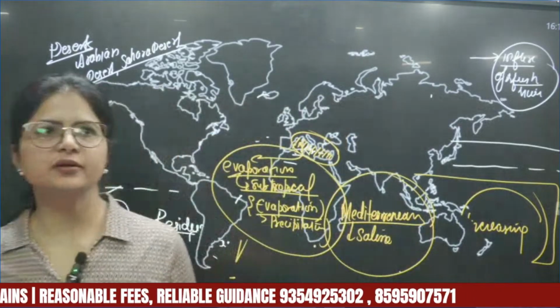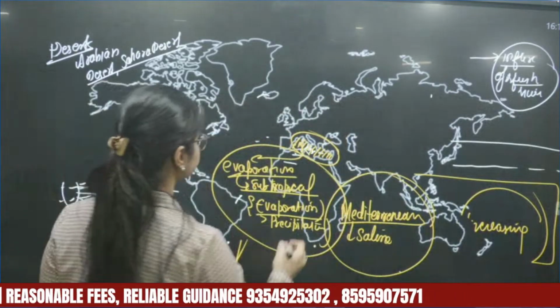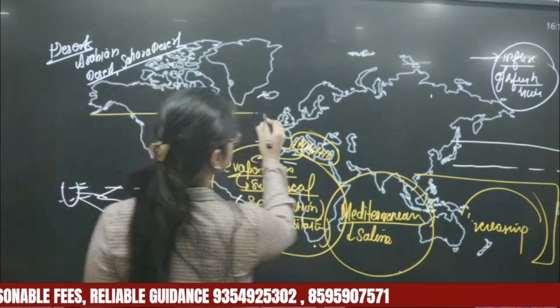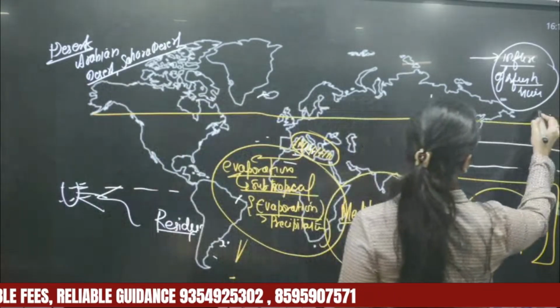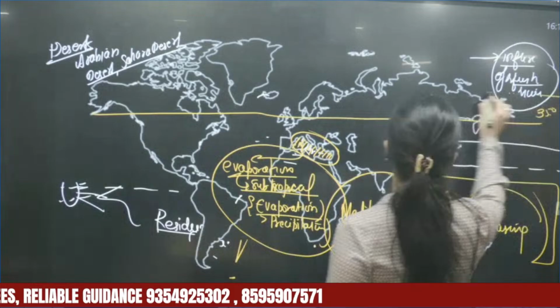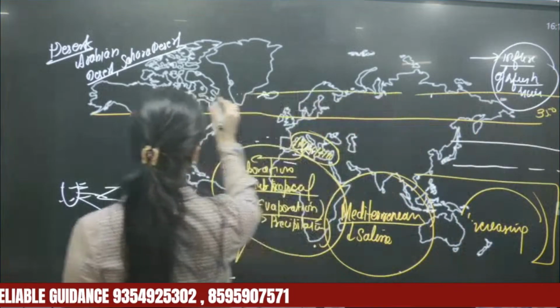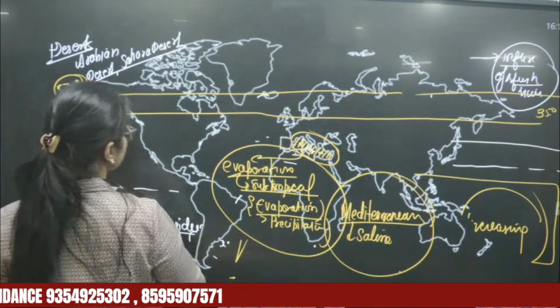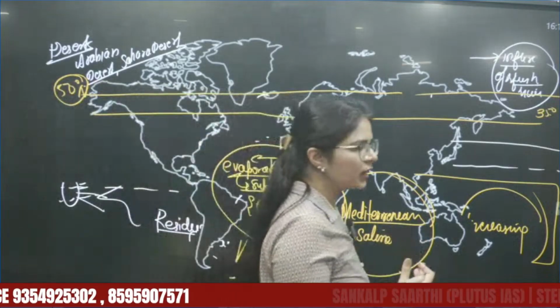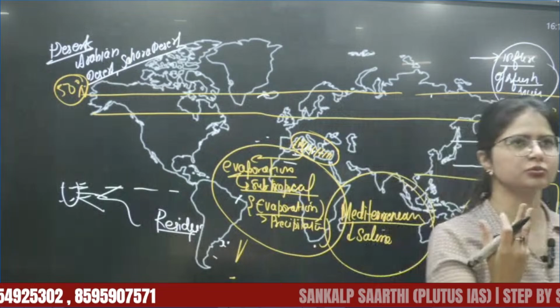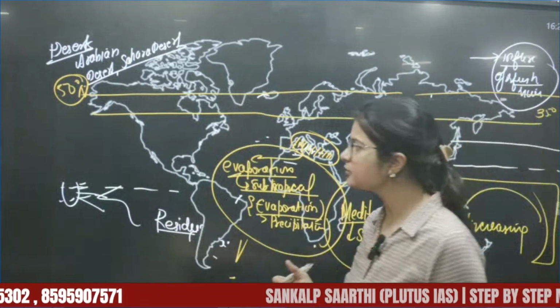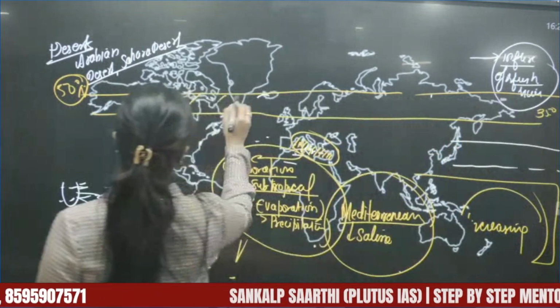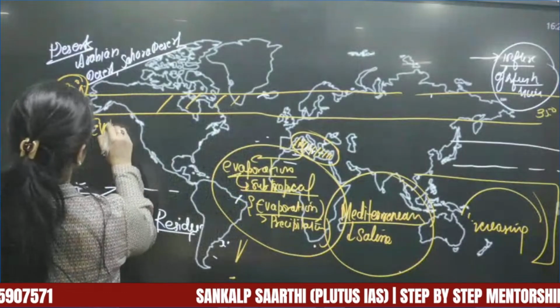Now going further, we will come to the mid latitudes. What is the scenario here? As you go further up, the salinity tends to decrease. Reason? Because in this area, the evaporation is less.